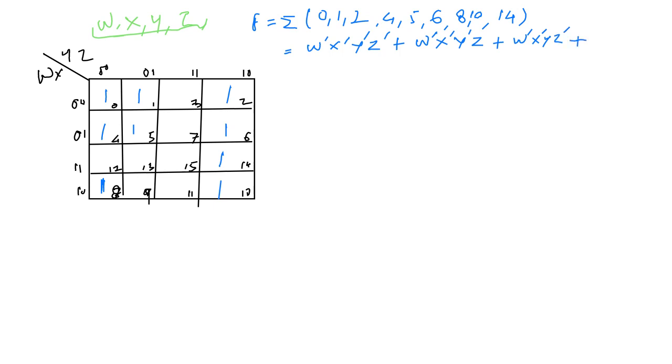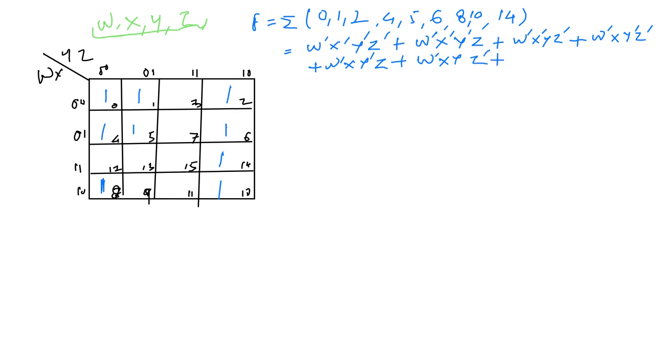How will 4 look? 4 will be 0 1 0 0, w dash x y dash z dash, right? Now 5 will be 0 1 0 1, so it will be w dash x y dash z. 6 will be 0 1 1 0, w dash x y z dash.